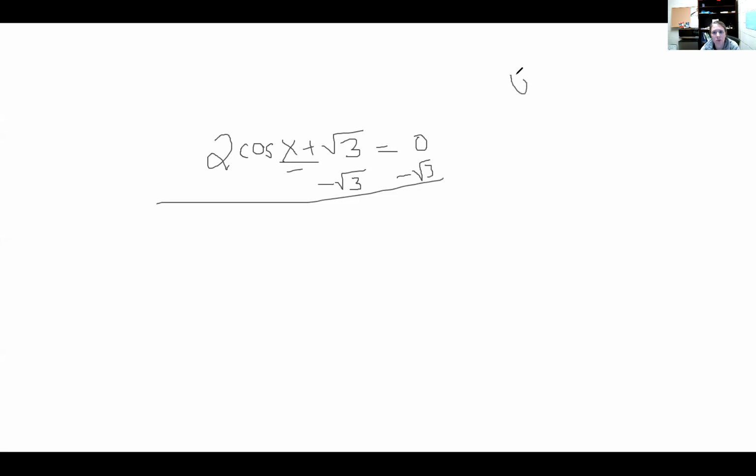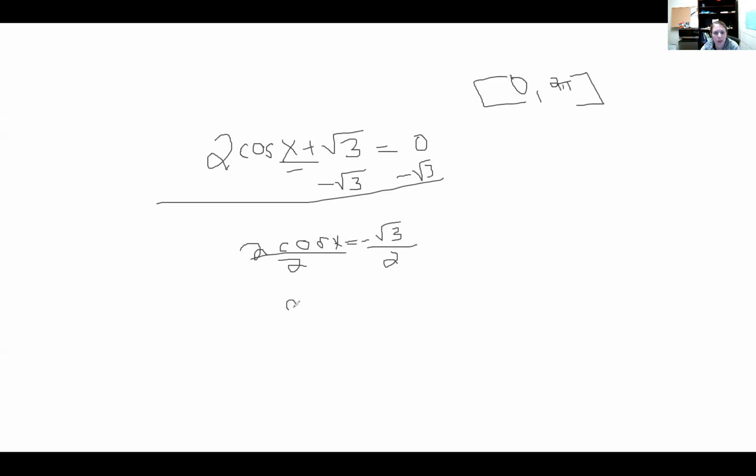Again, I want my answers to be between 0 and 2 pi. So you end up with 2 cosine of x equals negative square root of 3. Then I'm going to divide by 2 on both sides.